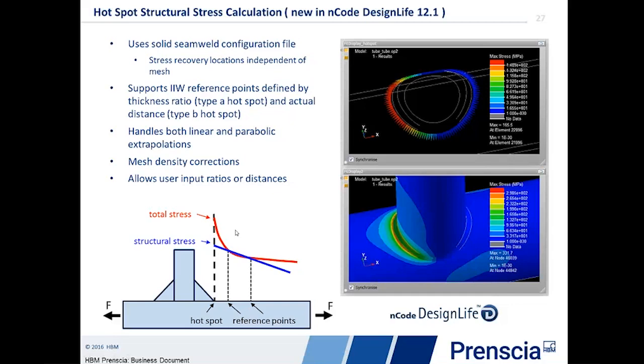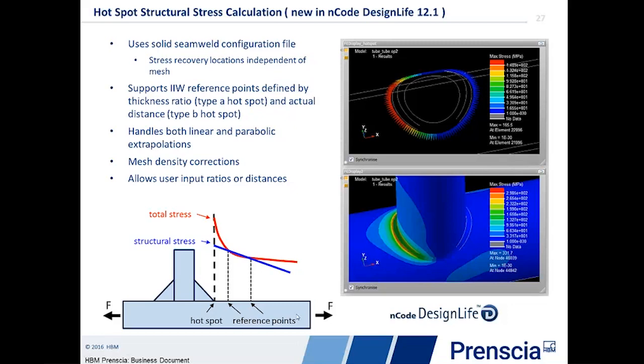What we've built into DesignLife supports basically the IIW standards that allows us to go in and do either what they call type A or type B cracks, but what that means is either the locations are a function of the thickness of the plate or are actual physical distances, and you can select between that.